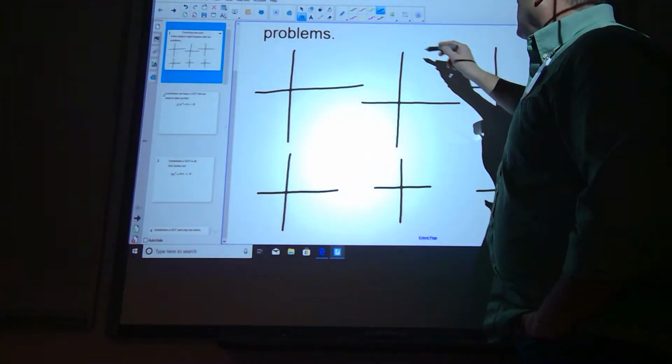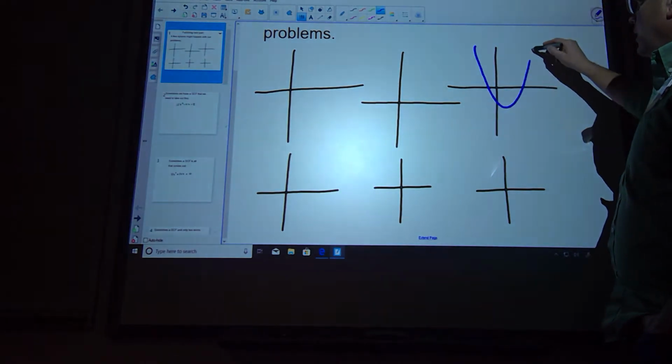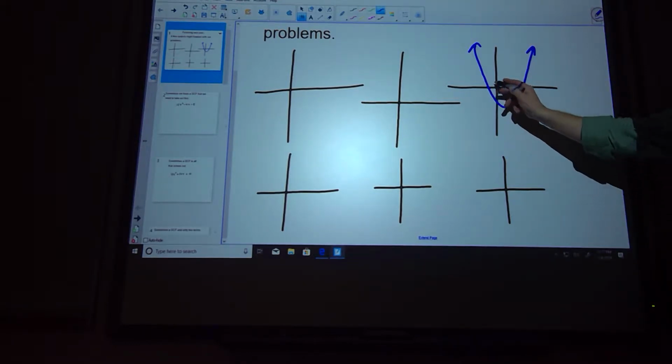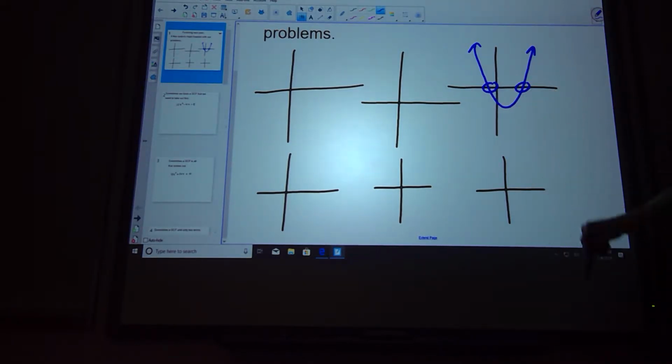When it's x squared, it looks like something like this. It starts from the top and ends at the top. If it crosses here and here, and those are fractions, decimals or whole numbers that are rational numbers, meaning they can all be written as fractions, this would allow us to factor.